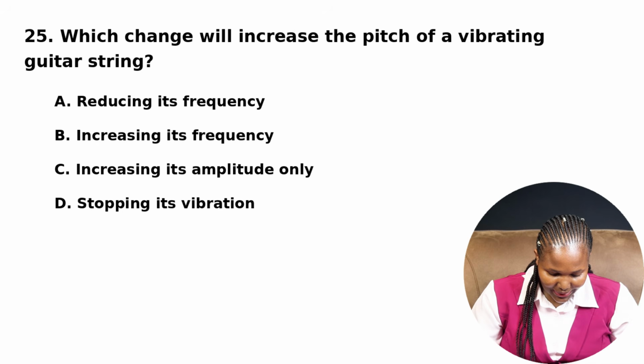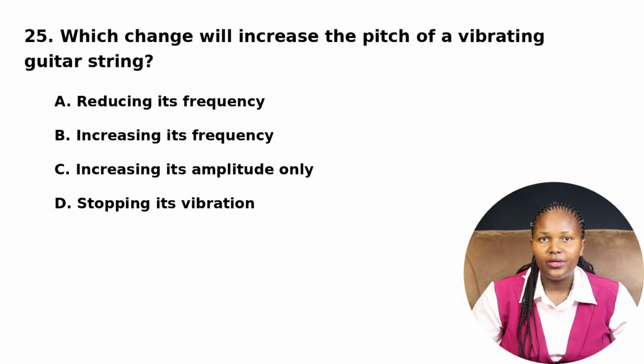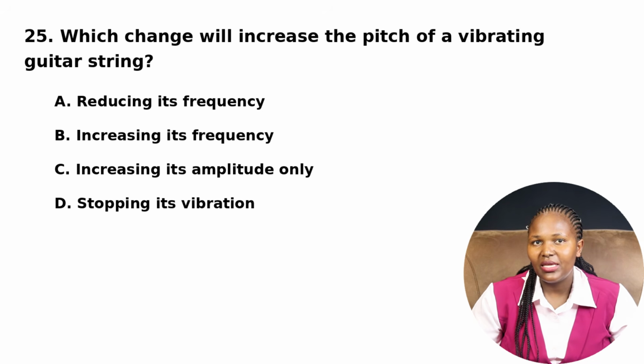Question 25. Which change will increase the pitch of a vibrating guitar string, reducing its frequency? We have increasing its frequency, increasing its amplitude only, and stopping its vibration. The correct answer there is B, increasing its frequency. Why?